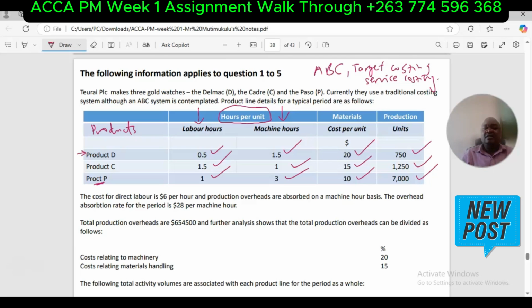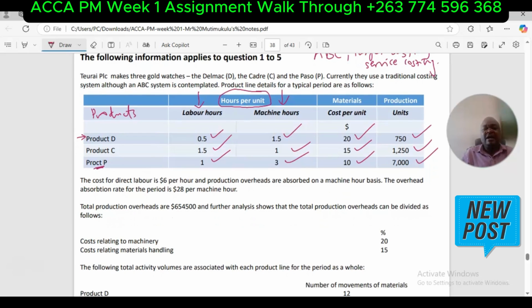Remember, they are part of the inputs that are required to convert the raw materials into finished goods. So you must be able to understand what is called a product cost card.